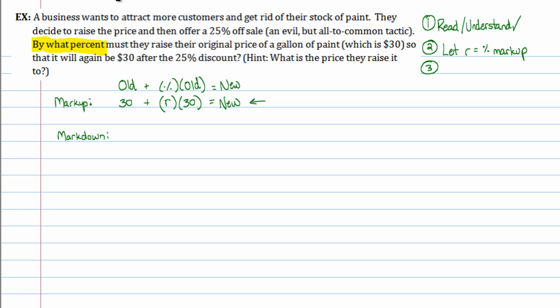So, oops, I hit the wrong button. This new price, they're going to save that price for a day or two, and then they're going to say, hey, we're going to mark it down from this new price, right? So they're going to take that price and mark off a certain percentage, and they told us what percent they're going to mark off. They're going to mark off 25% of that price.